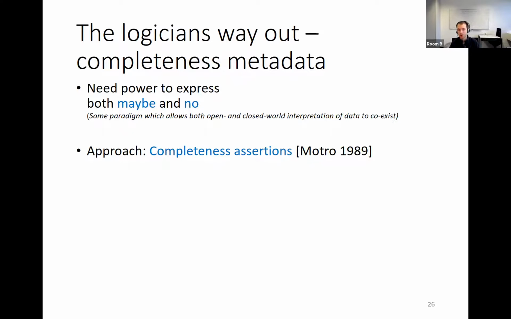And the problem that has been well studied is formal reasoning with this completeness metadata, also called query completeness reasoning. So we have a set of completeness assertions for the base relations in our knowledge base or database, and we have a query Q, and we want to know what assertions we can derive for the result of that query. So the general problem is basically similar to algebraic computation of query results.